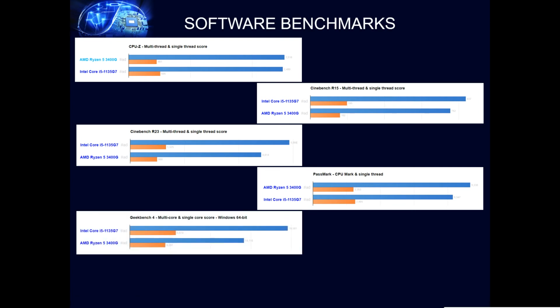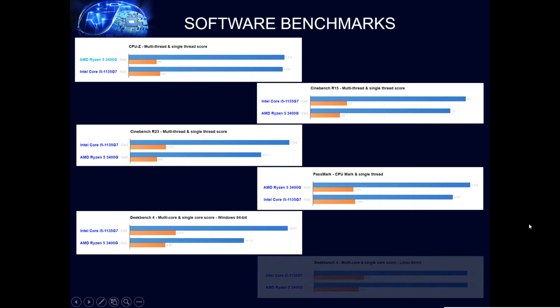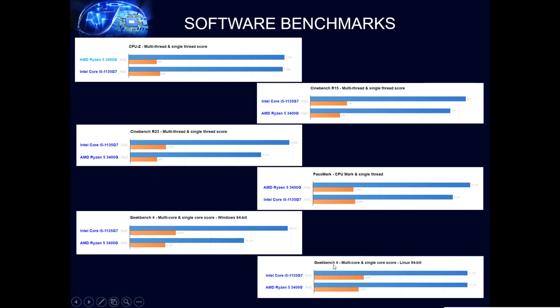Geekbench, multi-core and single core, Windows 64-bit. Here as you can see, Intel Core is the winner in both multi-core and single core. Lastly, Geekbench for Linux 64-bit.